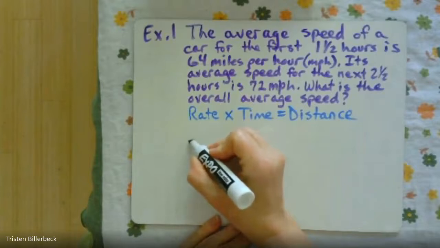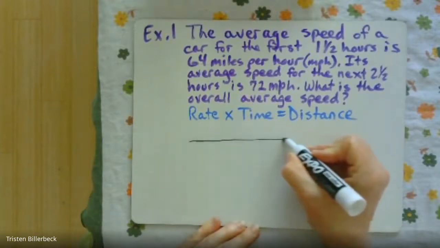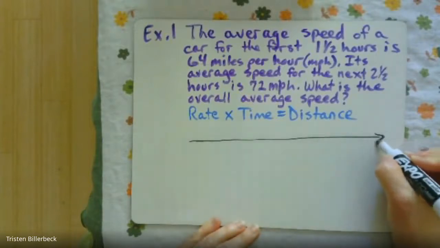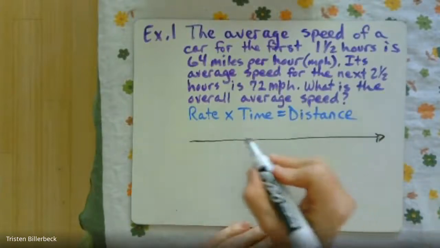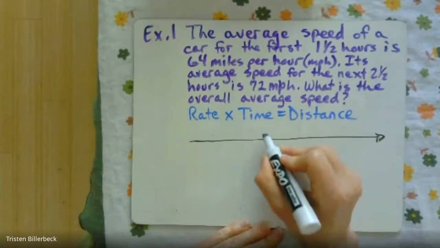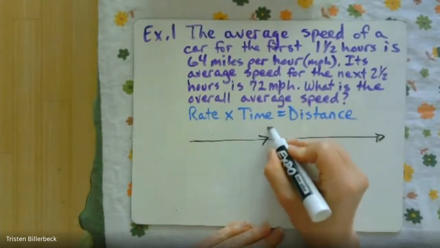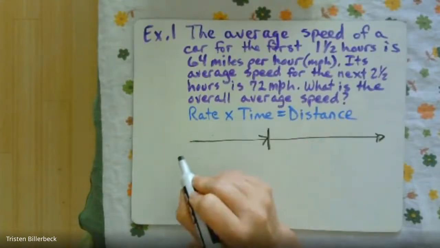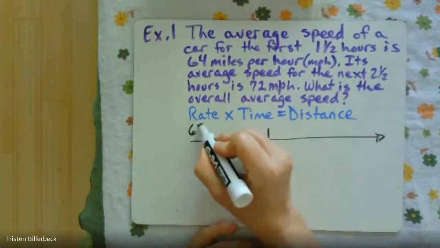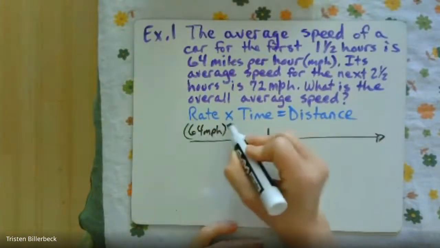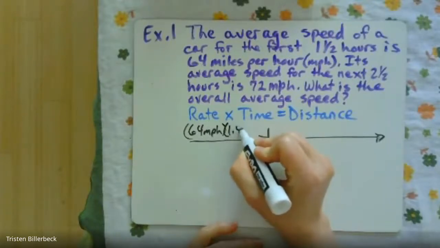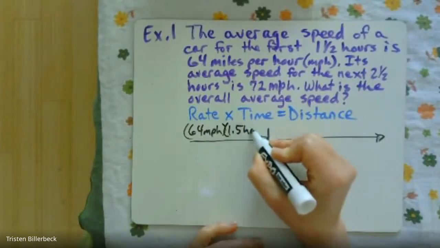So when we look at this, the car is traveling like this. For the first hour and a half, to this point here, the car went 64 miles per hour times 1.5 hours.